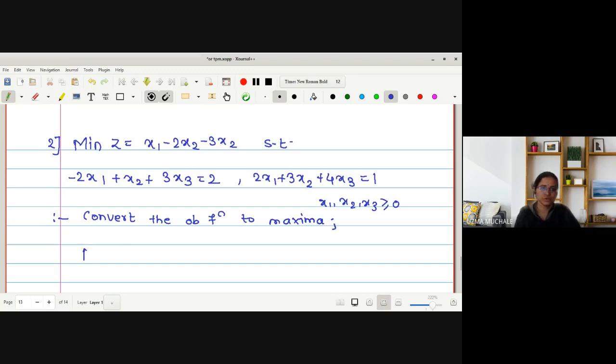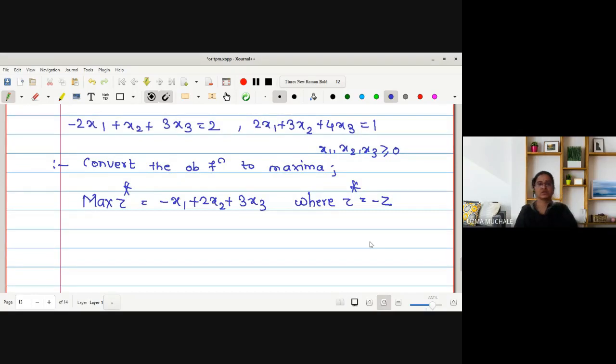How am I going to do this? Maximize Z star is equal to, we will apply the negative sign, minus x1 plus 2x2 plus 3x3, where Z star is minus Z. Okay, coming to converting the inequality constraints to equations, but already we have equations. Therefore, we will look for basic variables. Here, no basic variable is constructed.